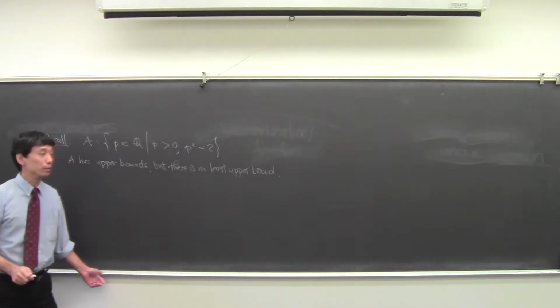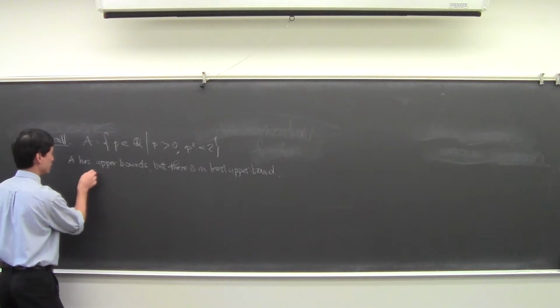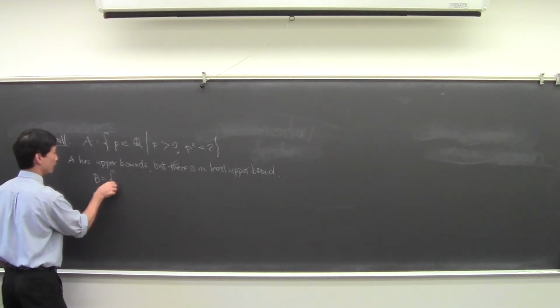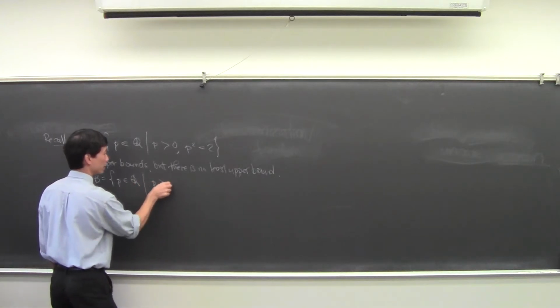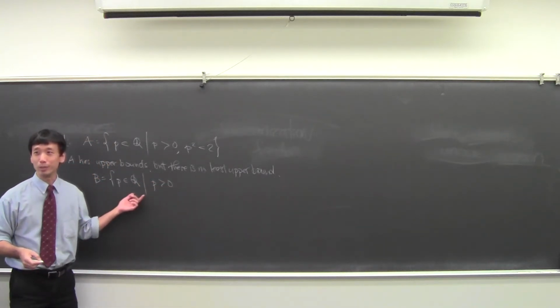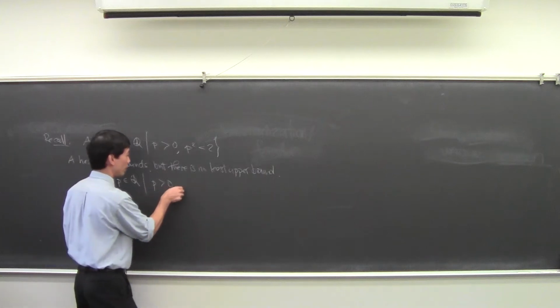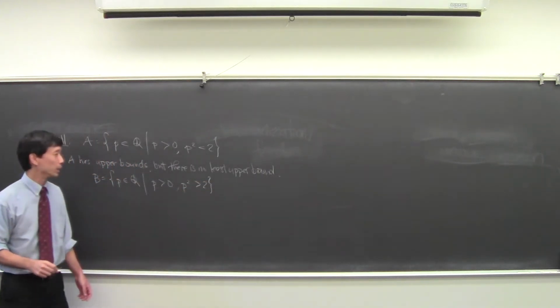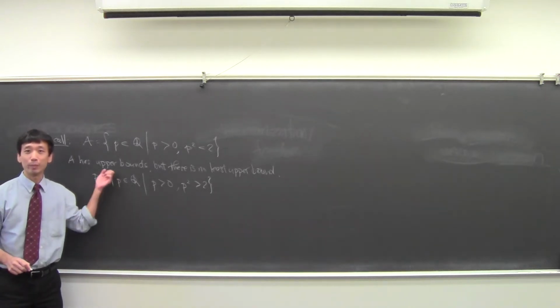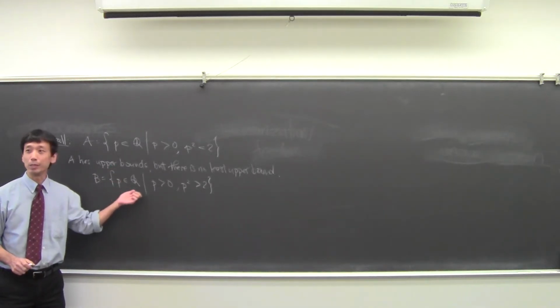The way you see that is by looking at the set which Rudin calls B. You look at the other positive rationals, the ones whose square is greater than 2. We saw that there's nobody whose square is equal to 2.